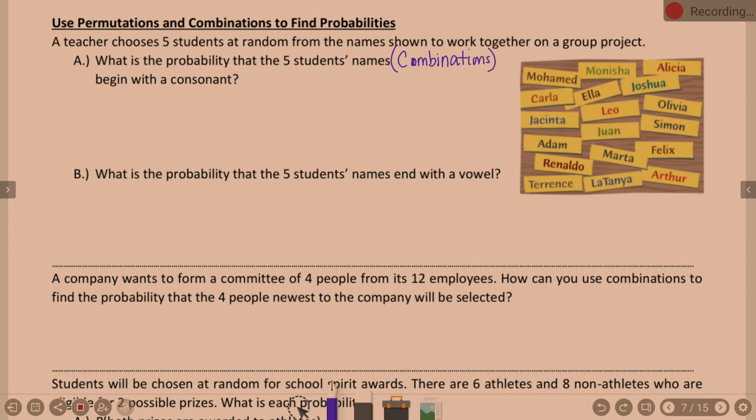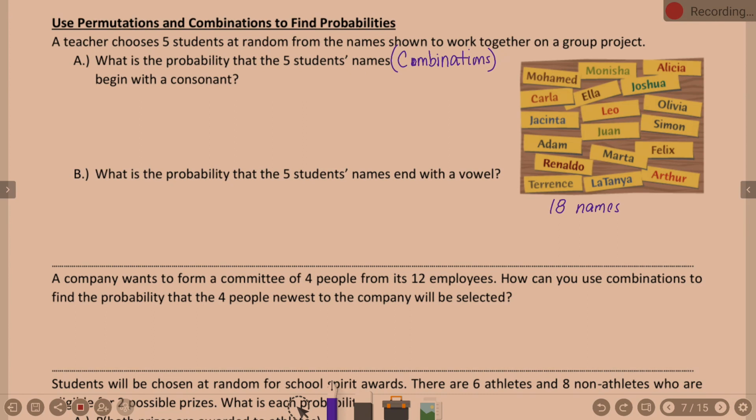Now, we're asking what is the probability that 5 students' names begin with a consonant. Okay, let's do some data gathering here. What do we have in the way of names over here? Have you counted? How many names are we at? 18 names? Okay. I'm just organizing. 18 names. Of those names, we're going to have to know how many begin with a consonant.